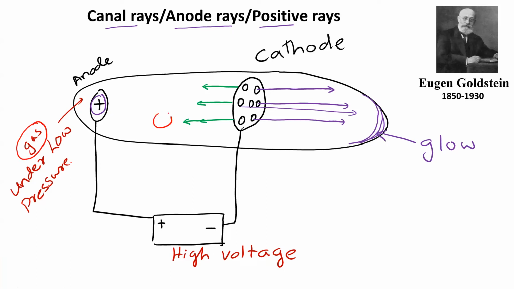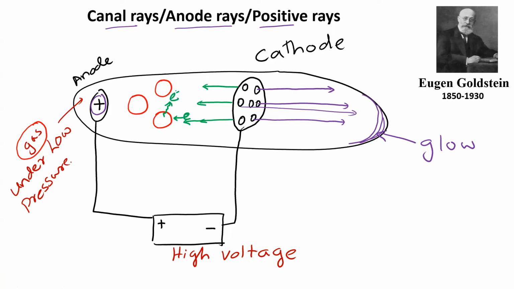There are gas molecules, gas atoms in this tube. So these electrons, or the cathode rays, come and hit the gas atoms or the gas molecules. This causes the gas atom to lose an electron. One electron coming from the cathode bumping onto the gas atom makes the gas atom knock out an electron.